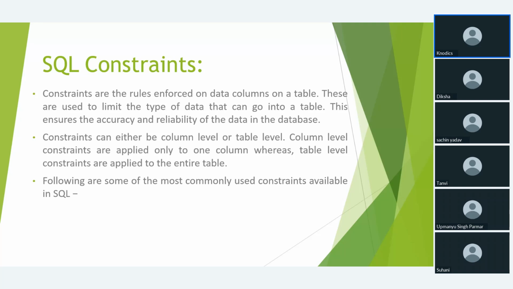So these constraints are few rules that will be applied maybe on the column level or maybe on the table level, right? Column level constraints are applied only on one column. A table is there, inside that one column is there, so the constraint will be applied on just that one column only, right? In the same way, table level constraints will be applied on the entire table.